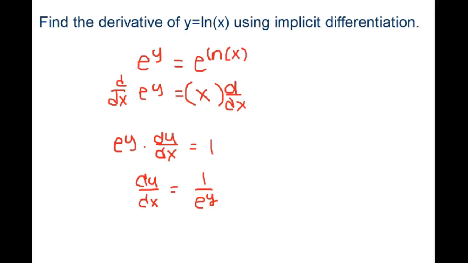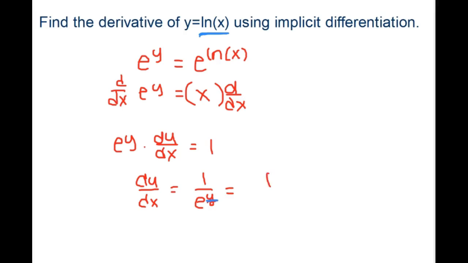But we started our function with y equals. So what we can do is replace y and e to the y with substitution, because y is really the natural log of x. So we want to give our answer in terms of x instead of y.